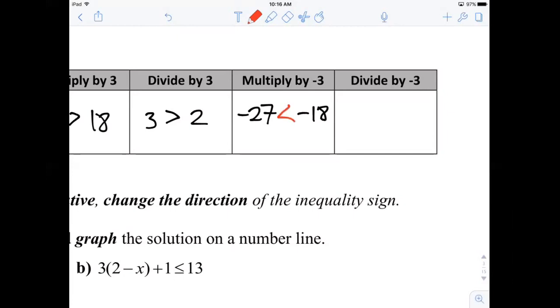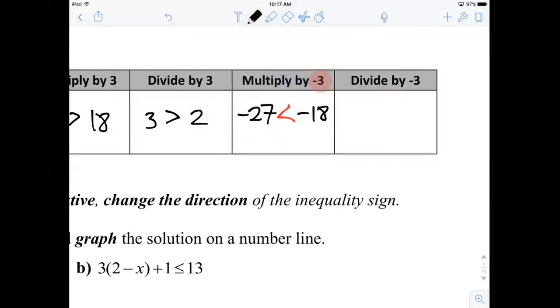So all of a sudden my inequality symbol flipped, from pointing toward the greater number on the left, and now the greater number is on the right. So something about the fact that this thing I multiplied by was negative seems to have flipped the sign of my inequality symbol. Let's see if that happens for division as well.